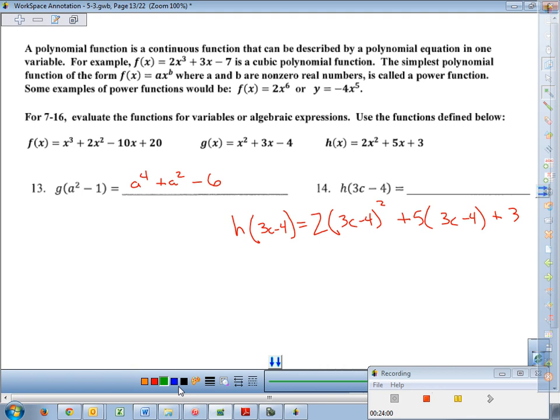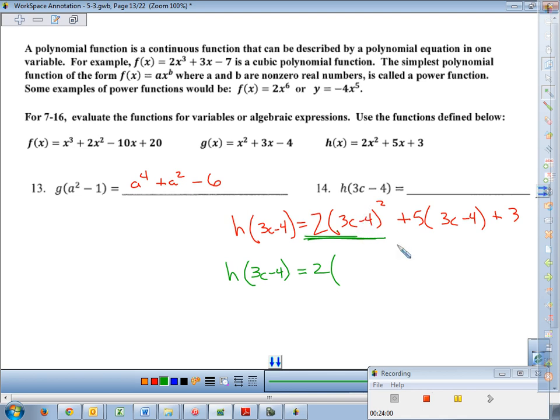Gets messy, right? Don't try to do too much at one time. In this term, there's some times 2-ing, and there's some squaring that needs to happen. What has to happen first? The square, right? You have to do all exponents before multiplication. So I'm going to bring this times 2 down, and I'm going to rewrite this binomial squared in parentheses still. So use the trick.